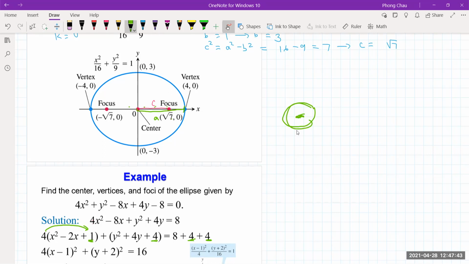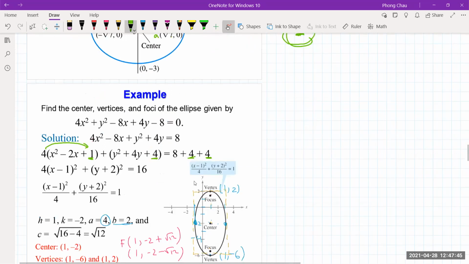On the other hand, when the foci are far away, so c is long, or close to the distance of a, then we have an elongated ellipse. So in short, if we look at the ratio of c over a, this ratio is always less than 1 and bigger than 0, because c is always smaller than a, and it's positive.